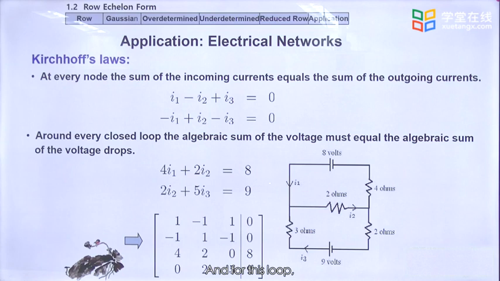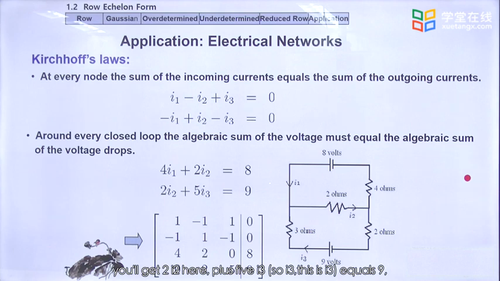And for this loop, you will get 2I2 here, plus 5I3. This is I3, right? So 5I3 equals 9, because the voltage you have is 9 here.